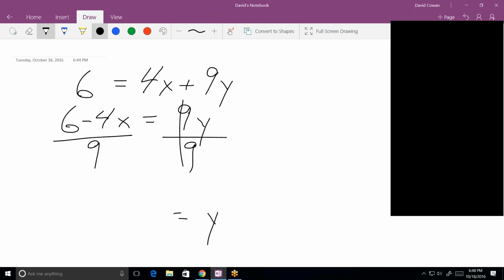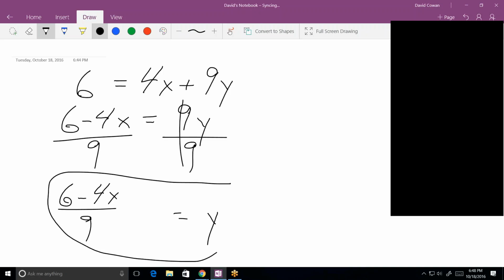So I can list my answer as either this. Does your teacher tend to have a preference? Does she want 2 pieces, or is one like that okay? Just one. Okay. I like this actually myself better, rather than breaking it up into 6/9 and minus 4/9 x, which I could do if I wanted to, but I don't need to.